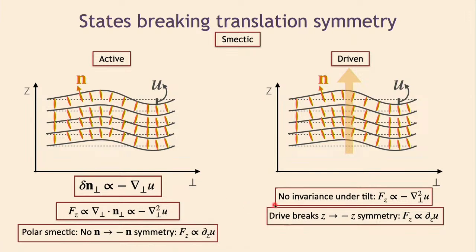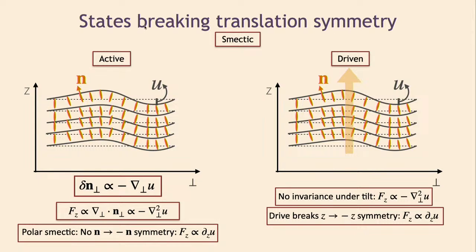And if you have a driven smectic, the argument that I used for rotation invariance doesn't work anyway, so you have no invariance under tilt, and you get a force density which is proportional to del perp squared u. So in both of these cases, you see that you have a tension that has emerged. Okay, so in both an active smectic and in a driven smectic, there is a tension. In an equilibrium smectic, there is no tension, and the smectic is polar, so there is no n to minus n symmetry, so it's moving in the direction it's pointing in. Okay.